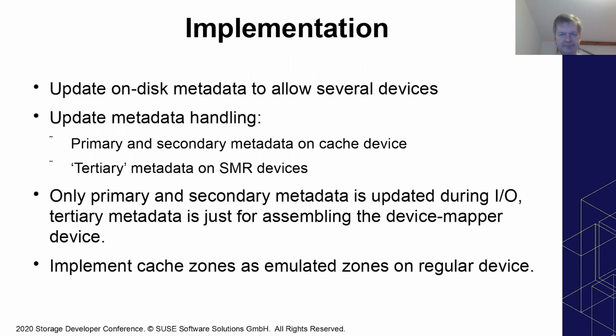So the approach we took was to introduce tertiary metadata to be stored on the SMR drives and keep the actual I/O metadata only on the cache device, such that the cache device has the primary and secondary metadata as in the original design, but the SMR drives only carry tertiary metadata, which is just used for the initial assembly of the overall setup.